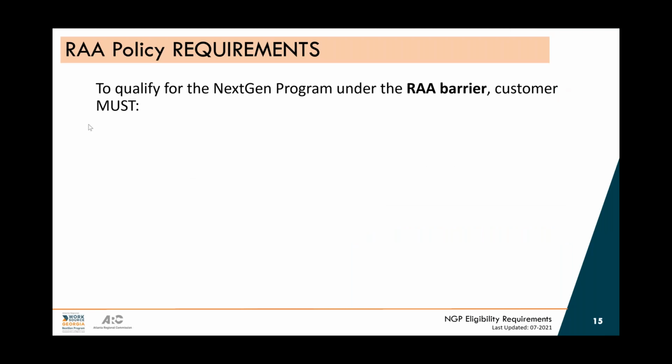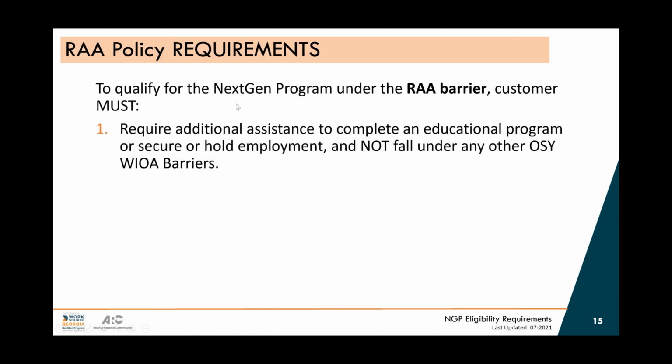To qualify for the Next Gen program under the requires additional assistance barrier, you must require additional assistance to complete an educational program or secure or hold employment and not fall under any of the other out-of-school youth WIOA barriers.